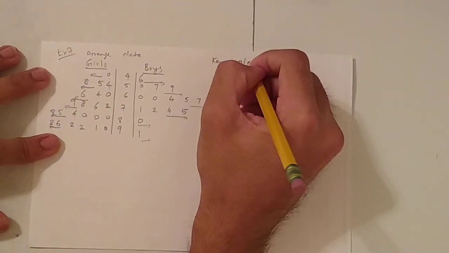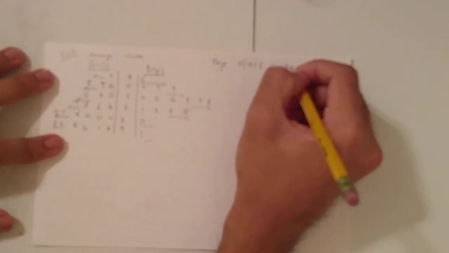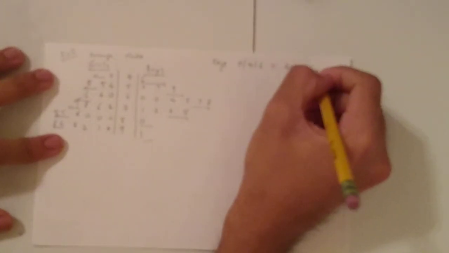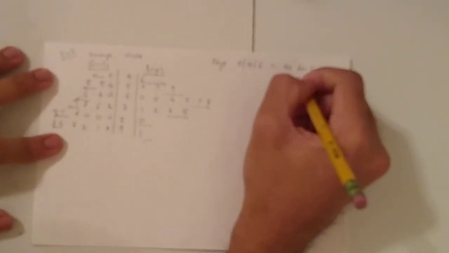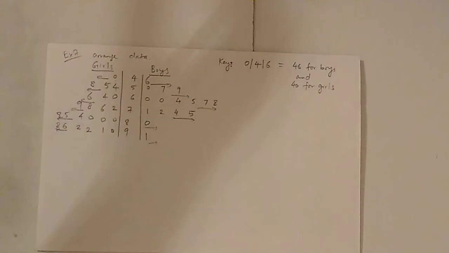In this case we write 0 | 4 | 6. This means 46 for the boys and 40 for the girls. We do need to explain both sides.